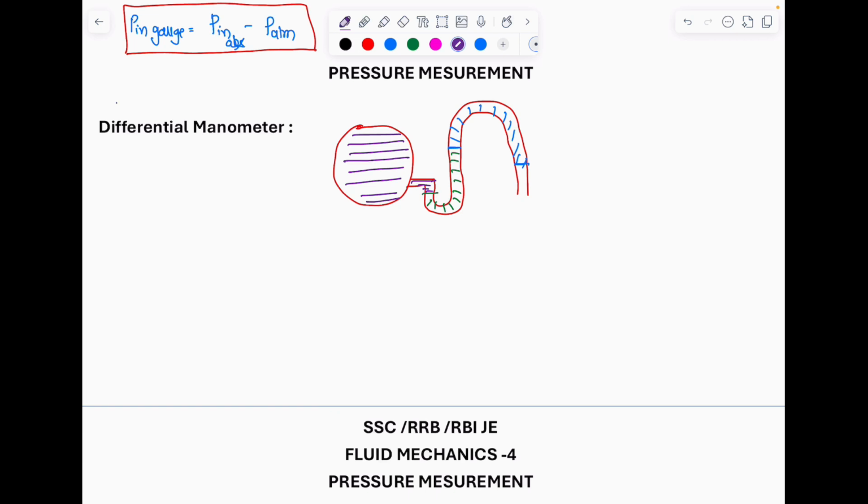Forms of manometers. Differential manometer, this is one. Second can be multi-fluid manometer.